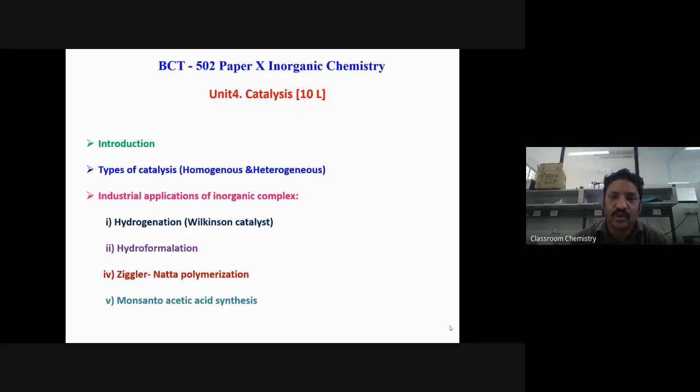Now the most important point related to your syllabus is the industrial application of inorganic complexes. Why do we add this topic in TYBSc? Because the student should know the industrial applications of inorganic chemistry, because a number of students say that inorganic chemistry has no industrial application.